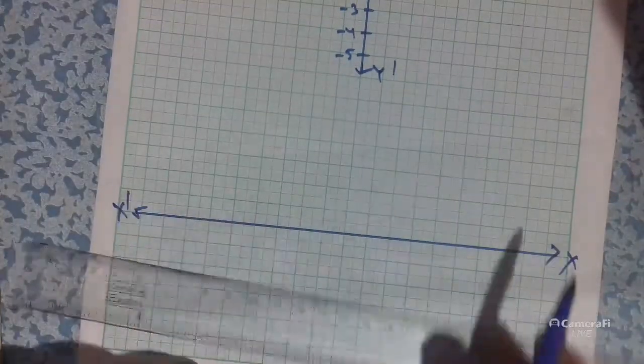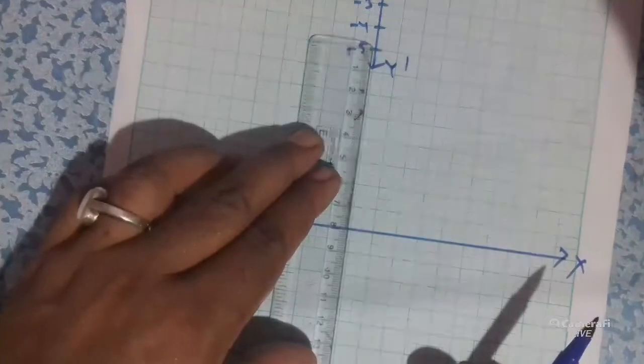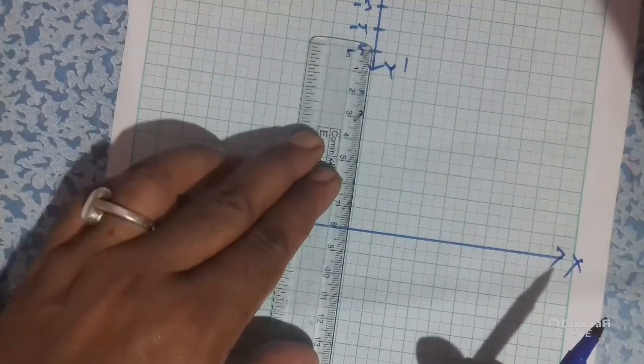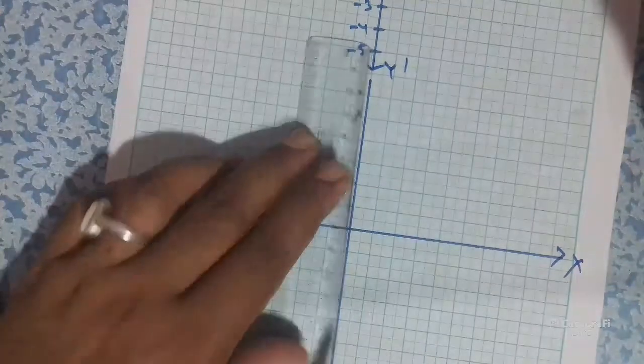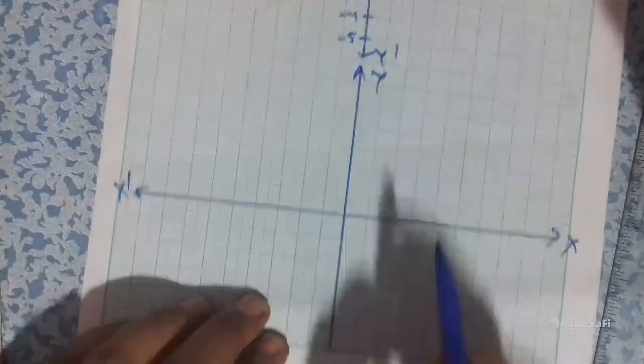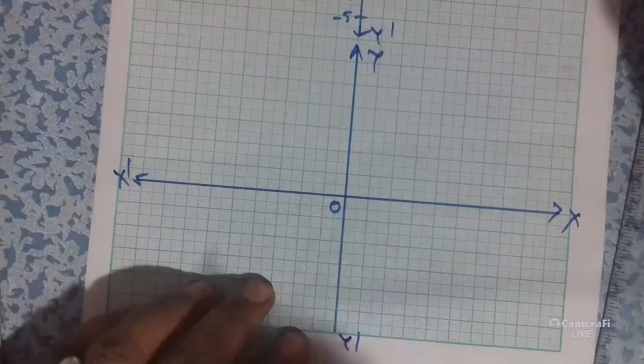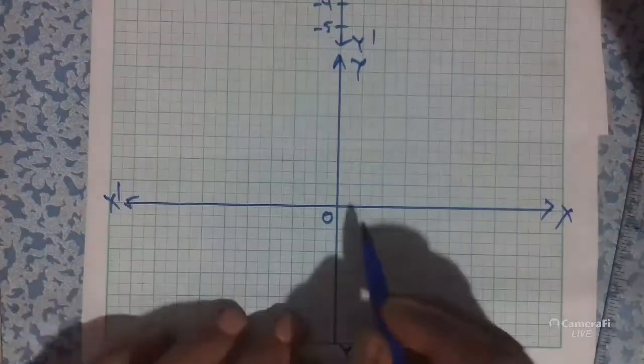It is x dash and this one is y dash and it is origin (0, 0).